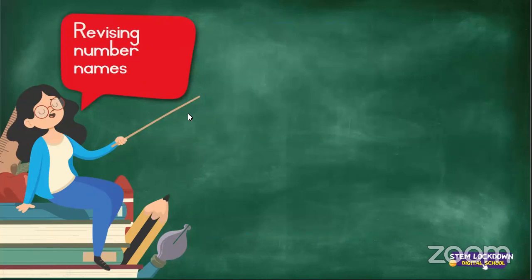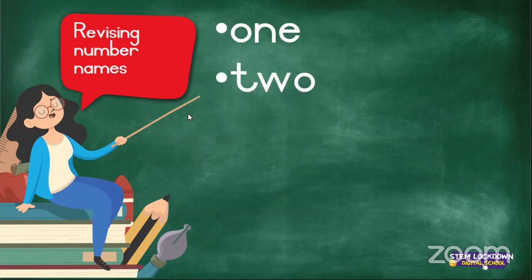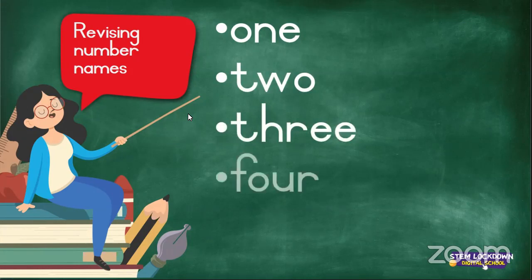All right, let's move on to revising number names. So remember last week we revised all our number names. We learned about the number names 1 to 10. Good. Now let's see if you can read the number names on the screen. What number name have we got there? 1. Good. 2, 3, 4, 5.